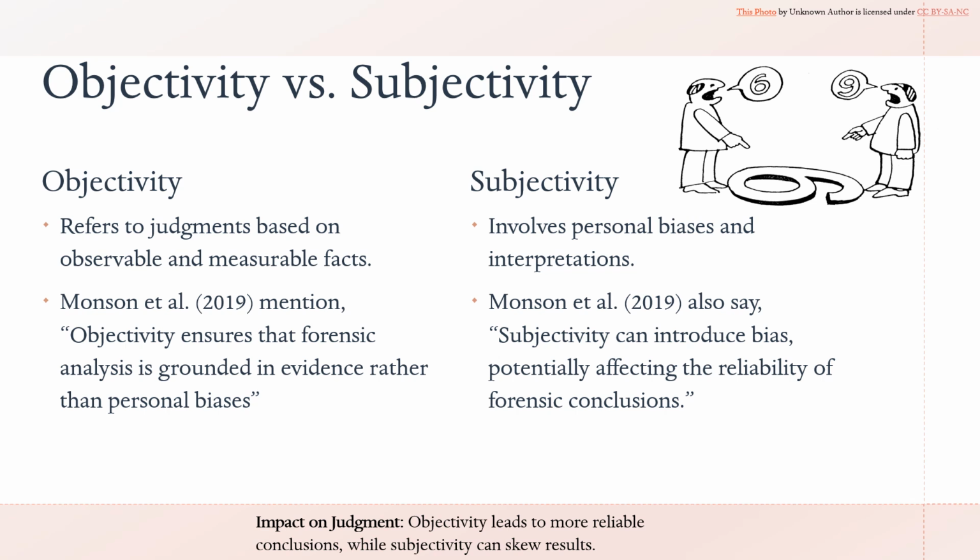If you're basing everything on subjectivity, then you have to ask, is it actually right or is it not? That's where the phrase "it's subjective" kind of comes from. Whereas your objectivity is something you can rely on for sure, because it's based on the facts and only the facts, and it has nothing to do with how you feel about the situation.